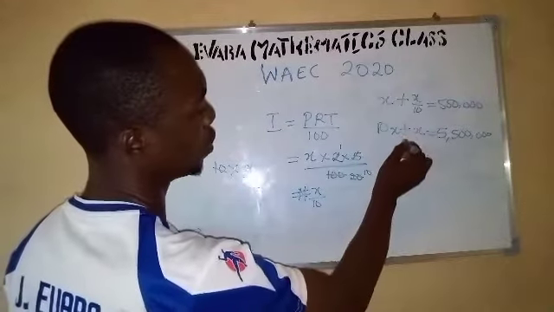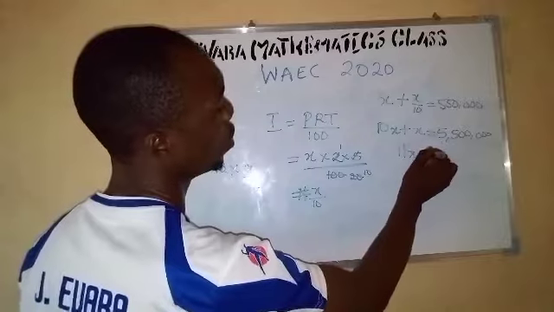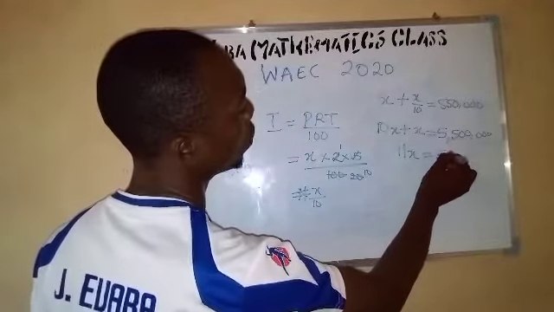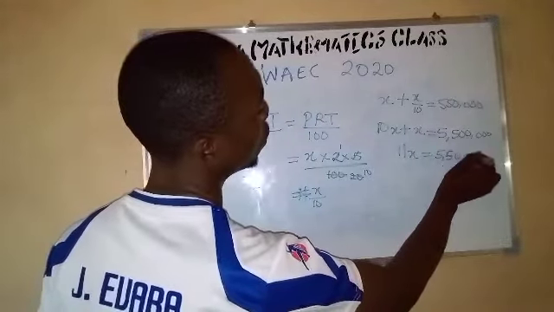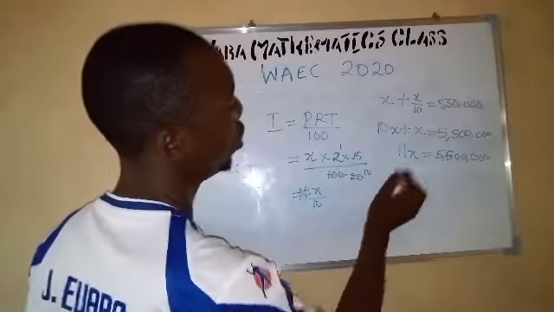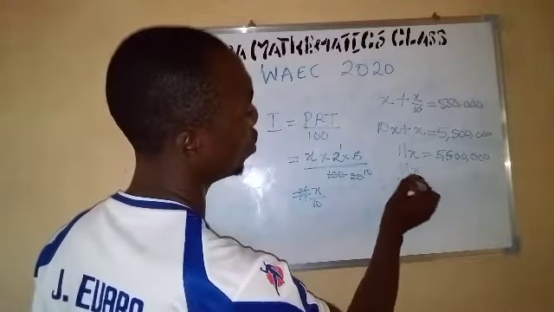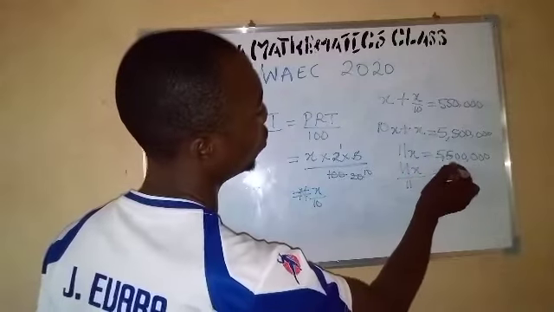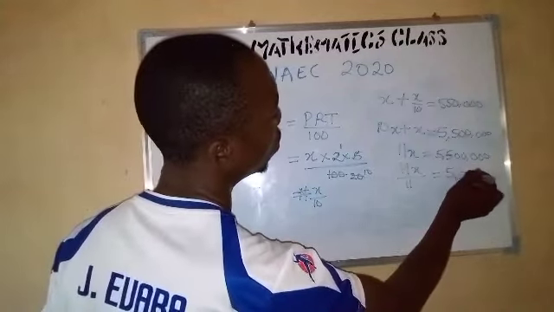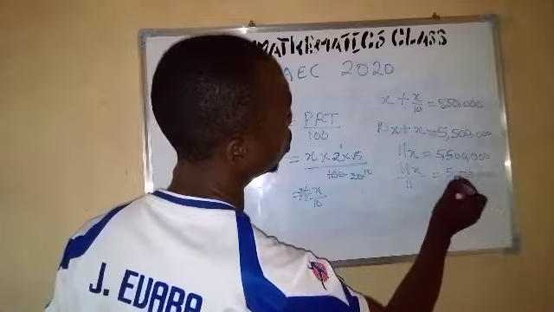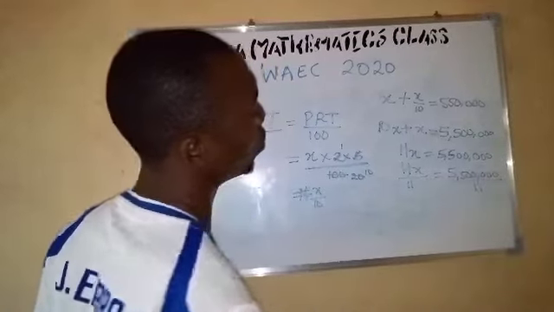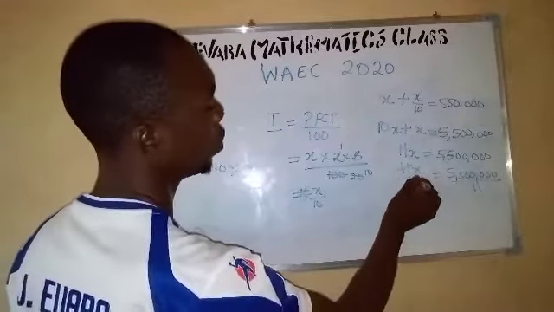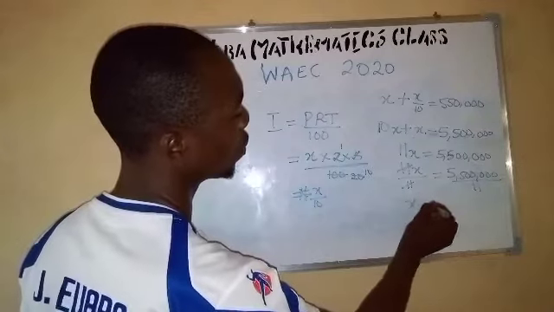10x plus 1x is 11x equals 5,500,000. So if I divide both sides now by 11, 11 cancels 11, we are left with x.